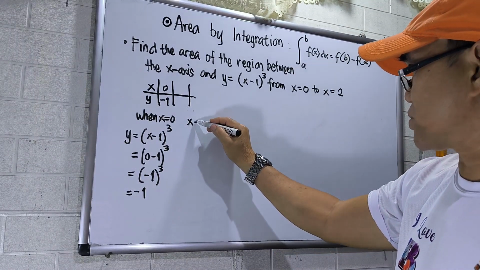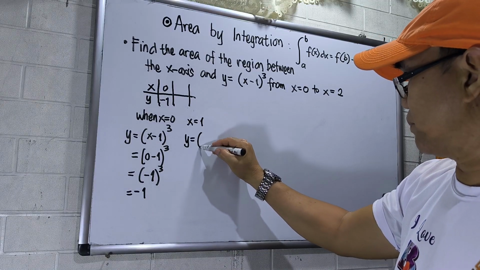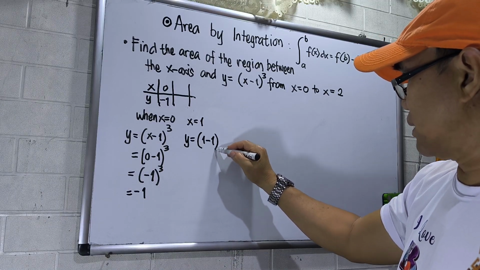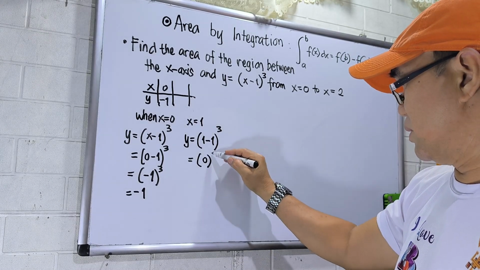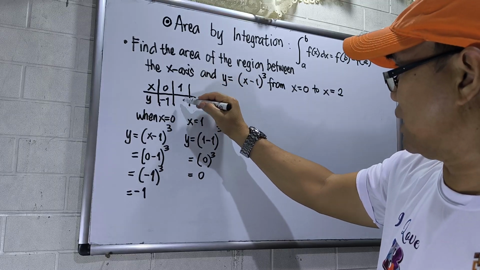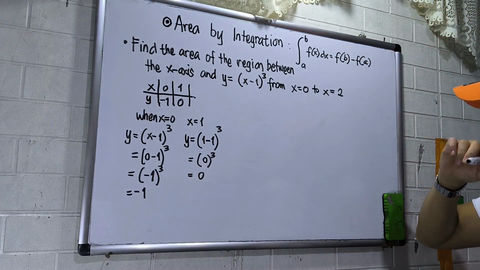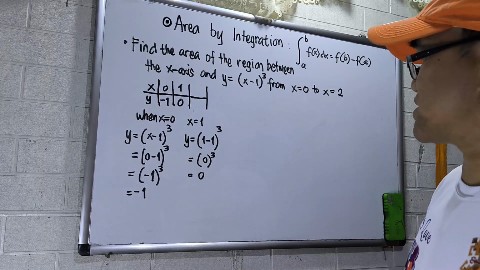Then when x equals 1, y equals 1 minus 1 raised to the third power. So we know that 1 minus 1 will be 0, raised to the third power, that will be 0. So this is 1 and then this will be 0. The next is when x is 2.